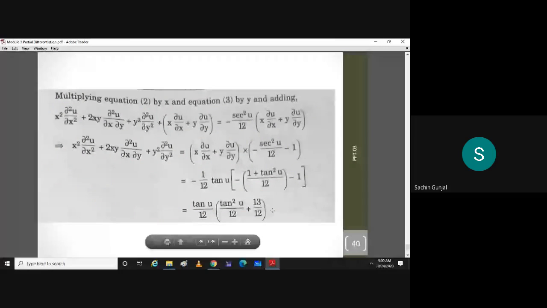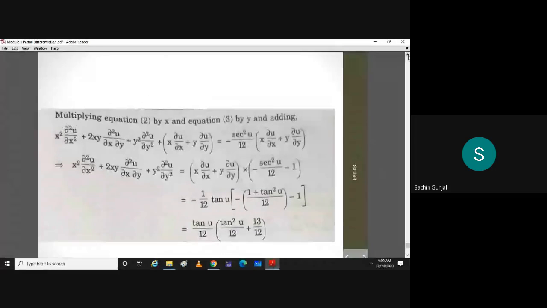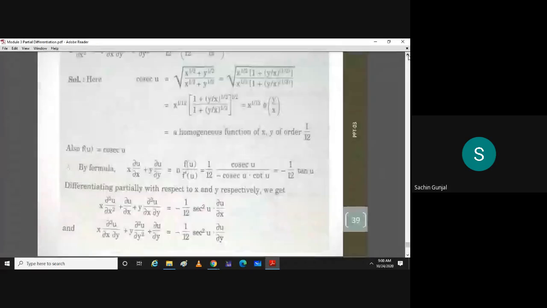Now in this example, you can check, they have not applied this corollary directly. They have differentiated x del u by del x plus y del u by del y with respect to x and with respect to y, then they added them.